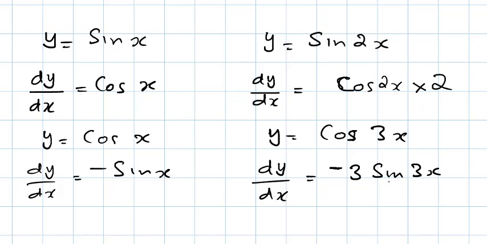So understand what is done. Treat cos 3x just like cos x. If it is cos x, you get minus sin x. If it is cos 3x, you get minus sin 3x. Now multiply it by the derivative of this 3x, and that is a constant, and you will get 3 here.